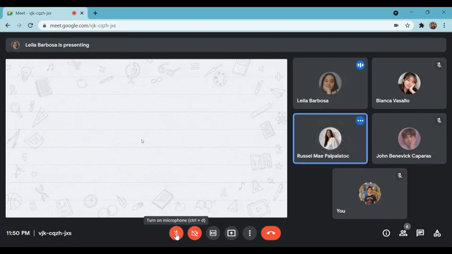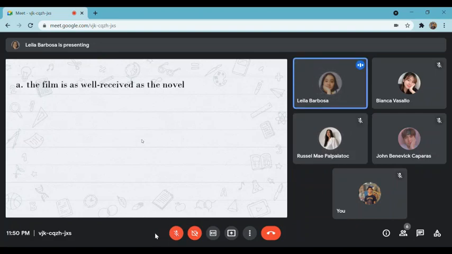Yes, Russell. One of the comparisons that I found in the conversation is: the film is as well received as the novel. Thank you, Russell. So, one is the film is as well received as the novel. Who would like to give another? Yes, Benedict.